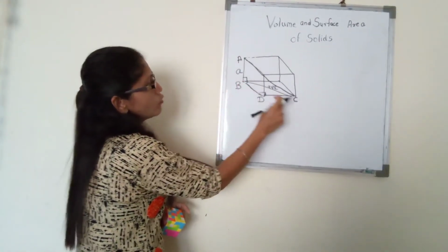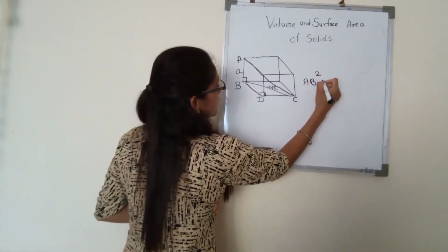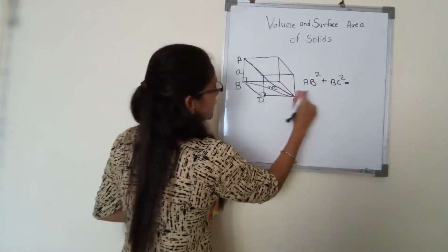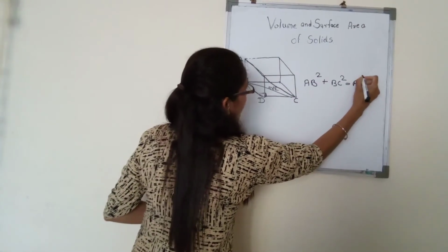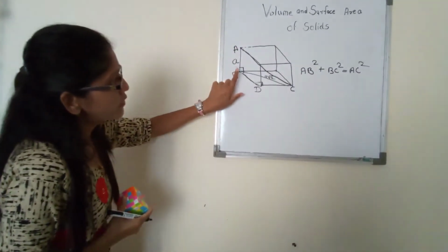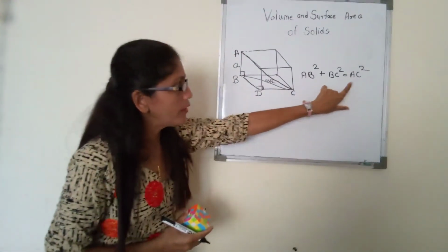What does the Pythagoras theorem say? AB square plus BC square is equal to AC square. Did you get that? AB square plus BC square is equal to AC square.